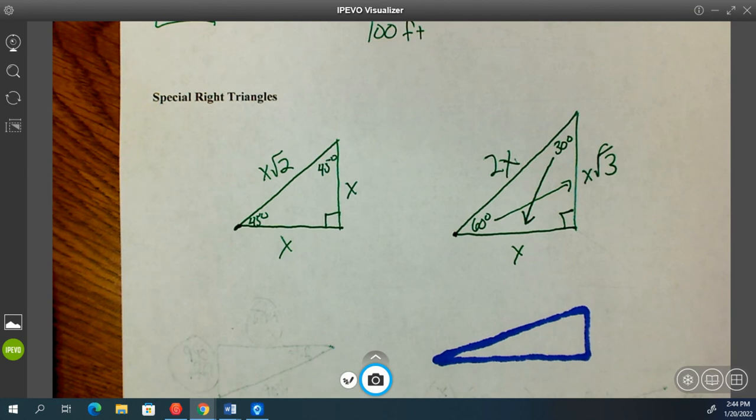Two of those. You have a total of 5 problems on the test. Some of them have multiple parts, because you have to explain different parts. But if you study this and you understand the ratios and you understand the special right triangles, you should be in good shape.